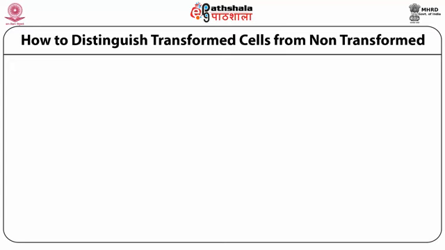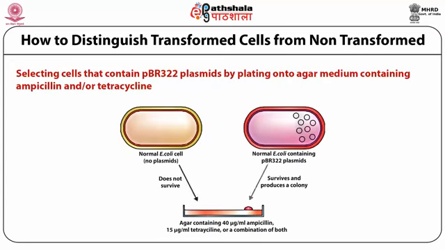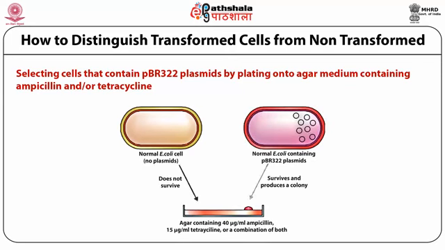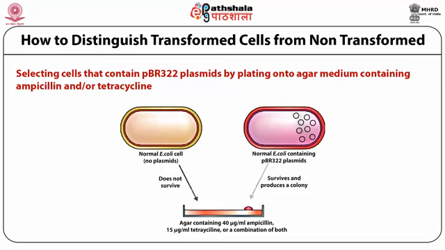As I explained earlier, selecting cells that contain a particular plasmid, in this case we have taken an example of pBR322 plasmids, by plating onto agar medium containing ampicillin and/or tetracycline, two different antibiotics. Normal cells with no plasmids cannot grow on the medium containing either ampicillin or tetracycline or both.